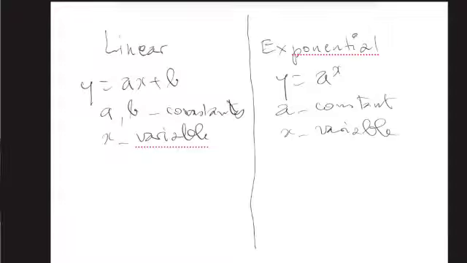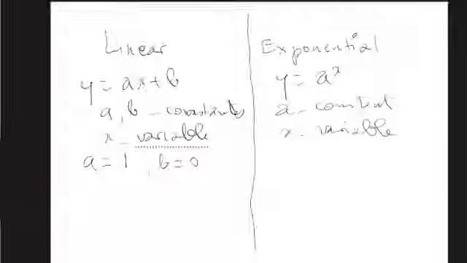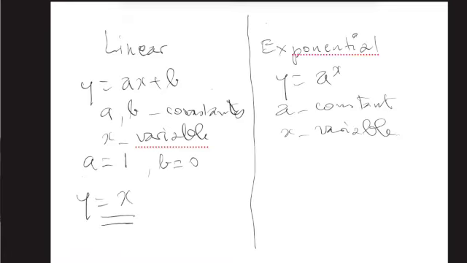Same concept. Now, to make the process easy to understand, no complications, we are going to assign some numbers to the constants a and b to make the equation a little more malleable. So let's assume that a is equal to 1 and b is equal to 0. x remains a variable. By plugging in numbers, we have y equals x.